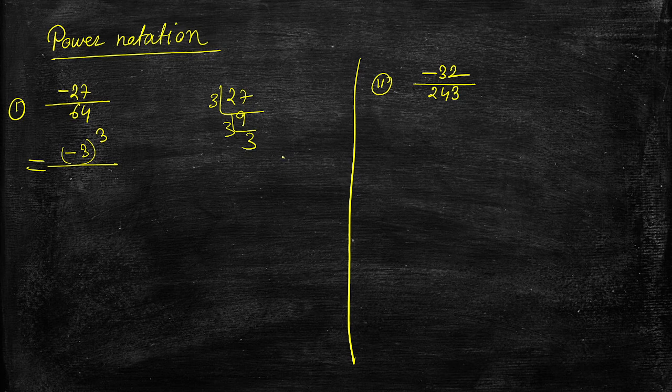For 64, this is 2, 32, again 2, 16, again 2, 8, again 2, 4, again 2, 2. So how many 2's are there? 1, 2, 3, 4, 5, 6. So 2 to the power 6.